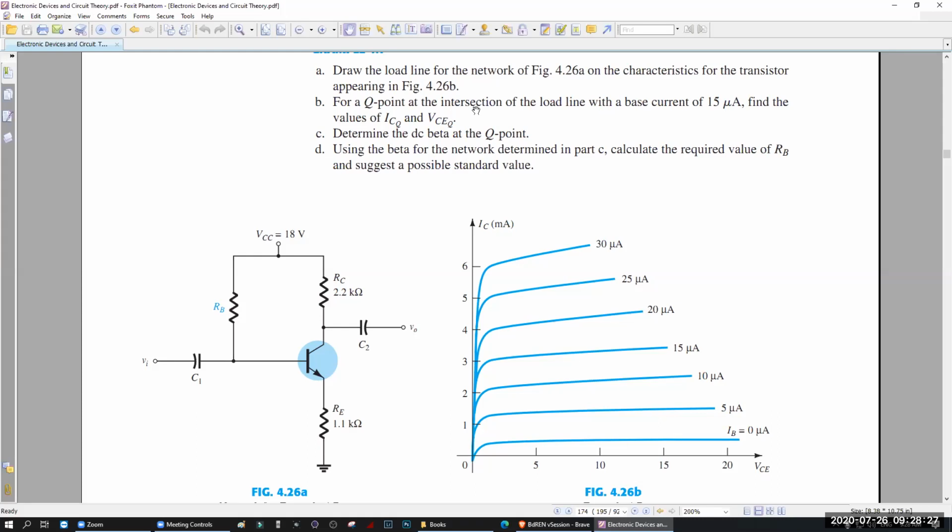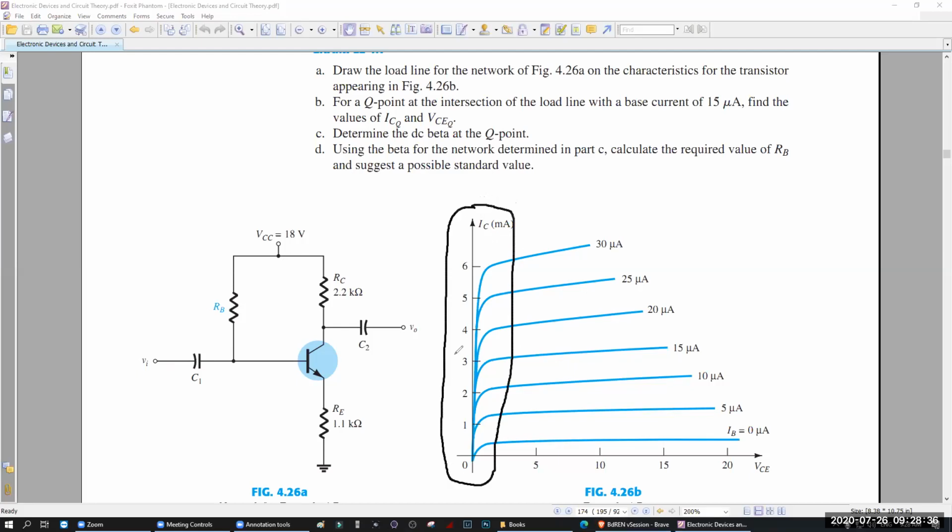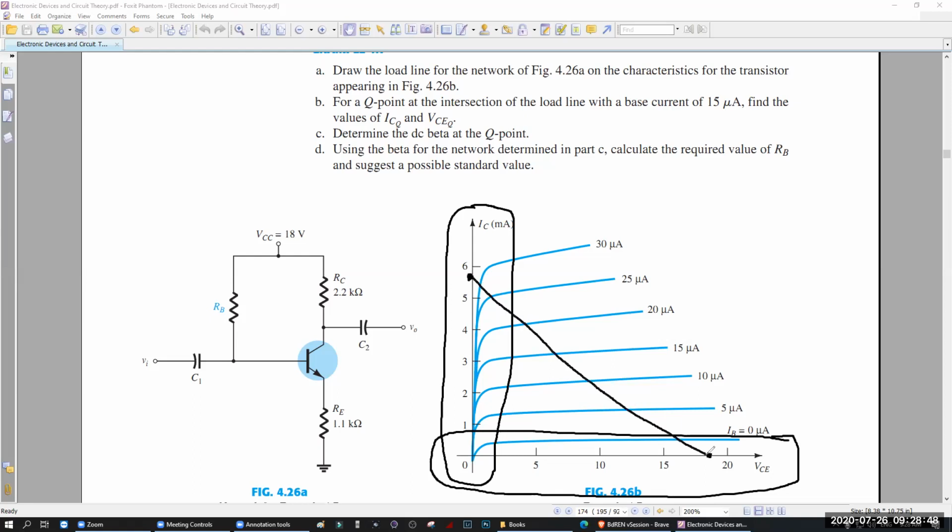What is the load line actually? Load line is actually this one. At first, you have to find a point in this line, and you have to find another point in this line. Okay. Then maybe a point will be here, a point will be here. Then you have to draw the line. That is called load line.